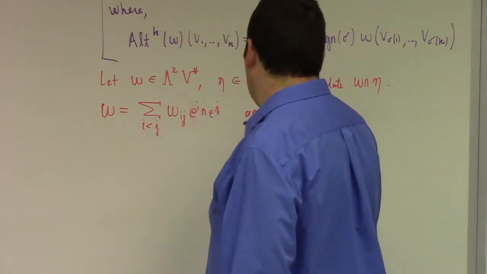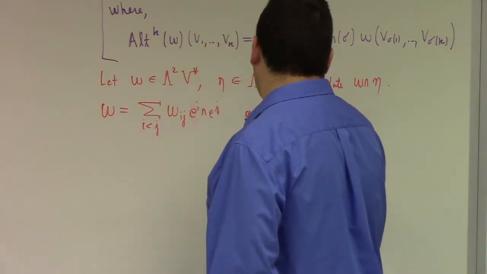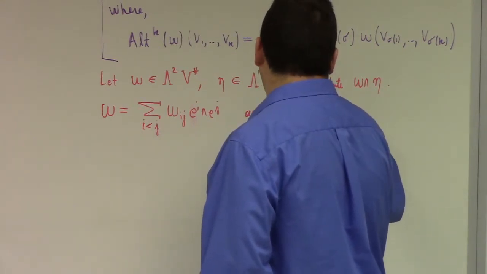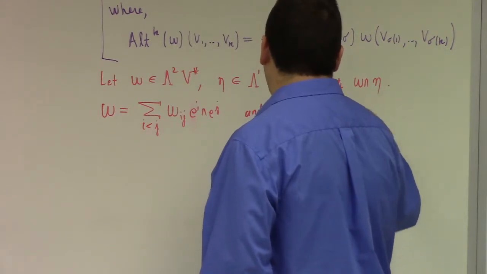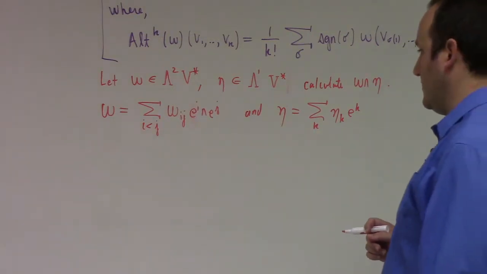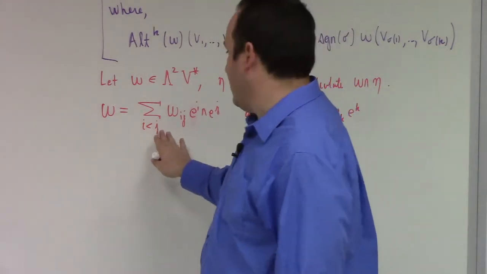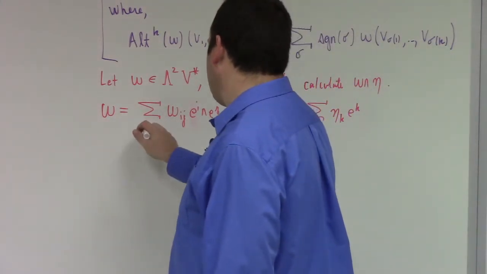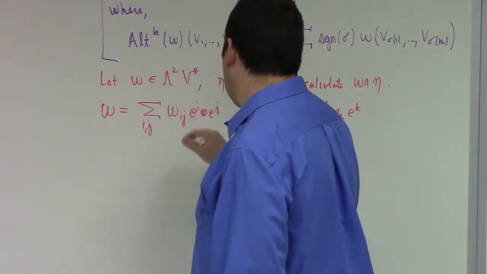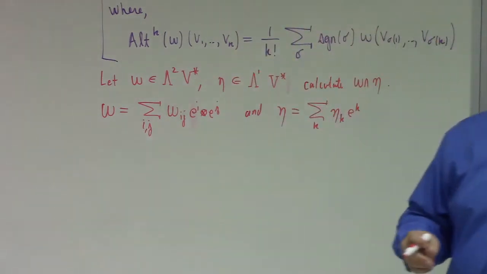And we can write eta as a sum over k of eta k e^k. Maybe it's healthier for me to write omega as a tensor. Let me do that. Let's just say a sum over i and j of e^i tensor e^j. So of course omega ij has a certain antisymmetry, the components.